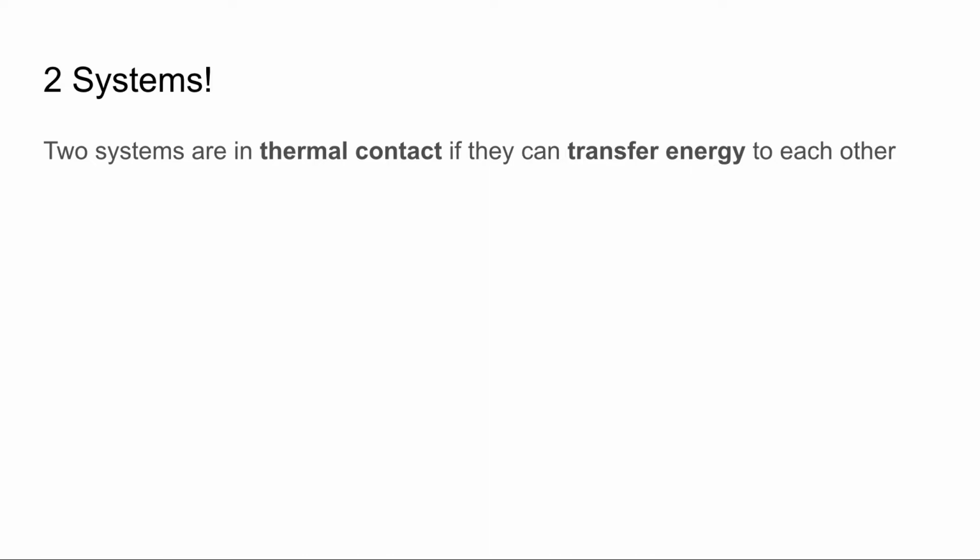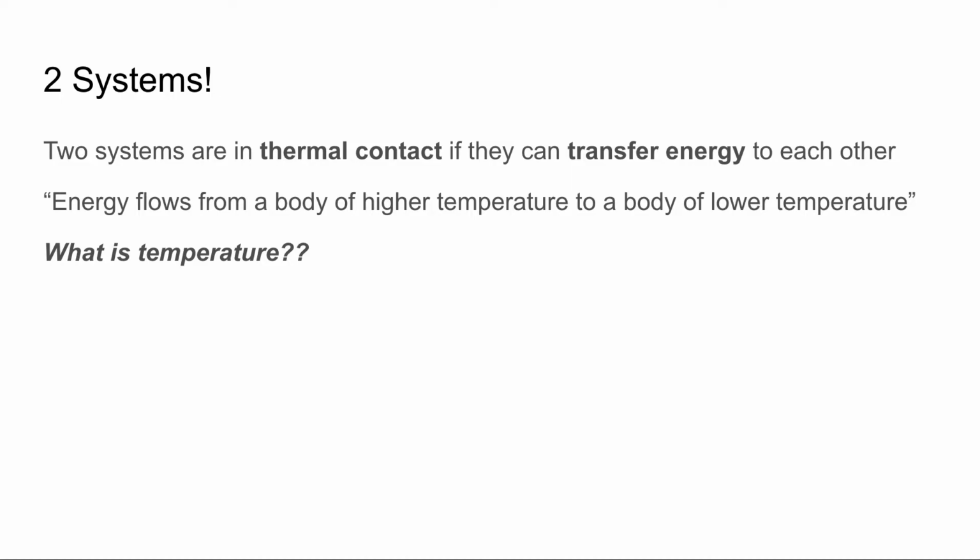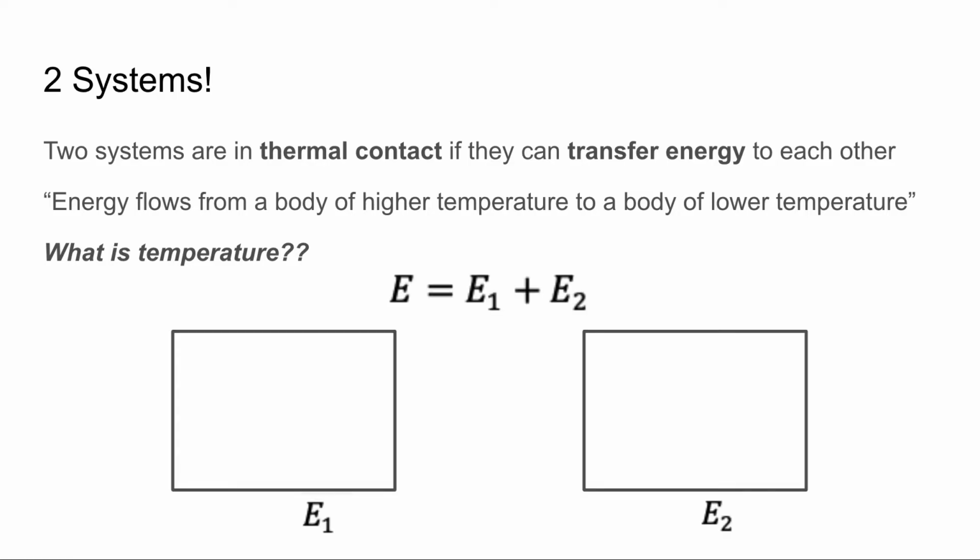What does that mean? It means that they can transfer energy to one another, right? And you might have heard that energy flows from a body of higher temperature to a body of lower temperature. But what exactly is temperature in this case? With the tools that we've developed so far, we can define a simple notion of temperature.